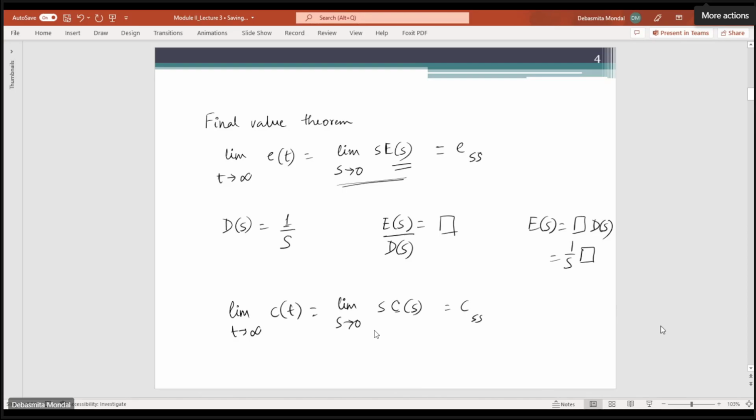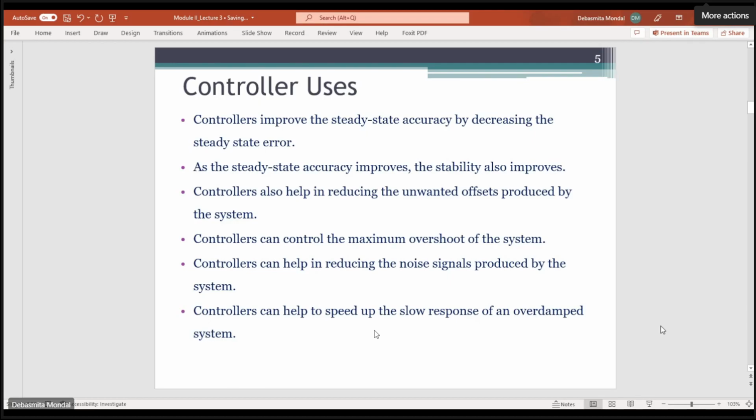Now we'll move on to a different topic. This is in module 2, so this is no longer in module 1. In this topic, we'll talk about the basic control actions which are present in a control system. Till now we have seen that a control system consists of a controller, a plant or a process which you need to control, and some feedback mechanism.